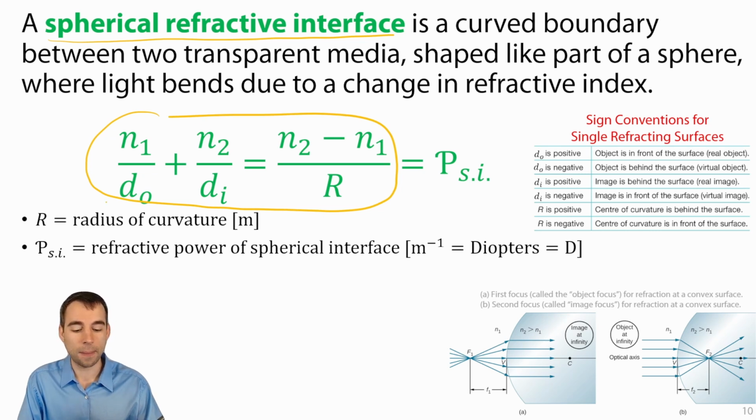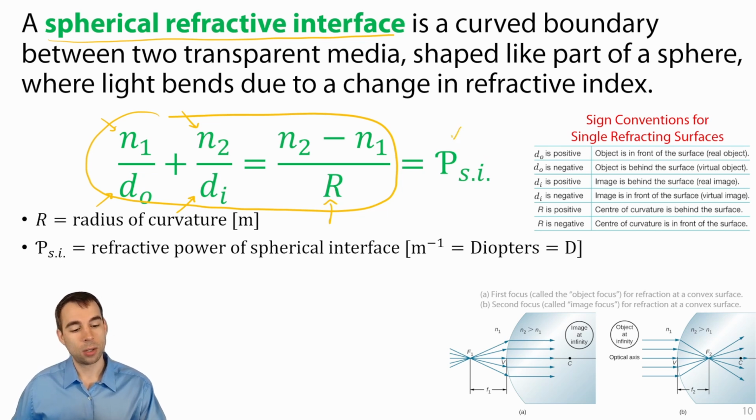We can predict where an image distance and where an object distance will be based on the indices of refraction of the medium where the object is placed and the medium where the image is placed. And if we take the difference of those indices with the radius of curvature in there as well in meters, then we can ultimately solve for a variable of interest in this equation.